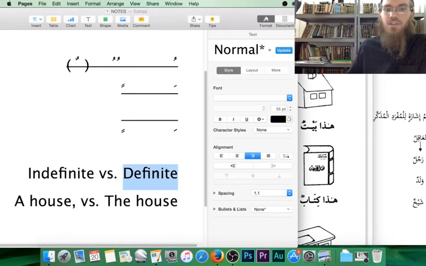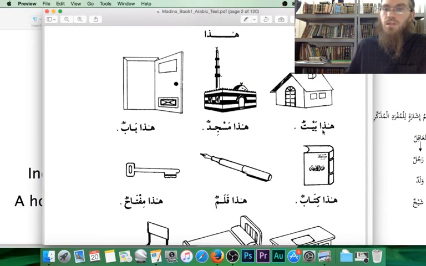If it were definite, you would say this is the house, or this is Muhammad's house. So each one of these words is indefinite. Hadha baytun, this is a house. Hadha masjidun, this is a masjid. Hadha babun, this is a door. It's not referring to any particular door, and we know this because of the tanween at the end.